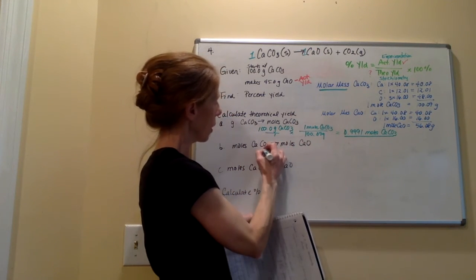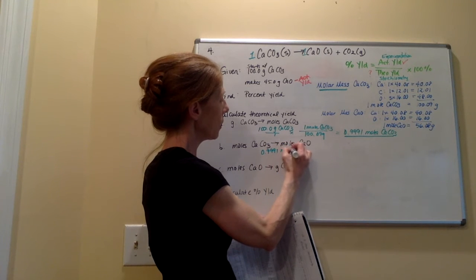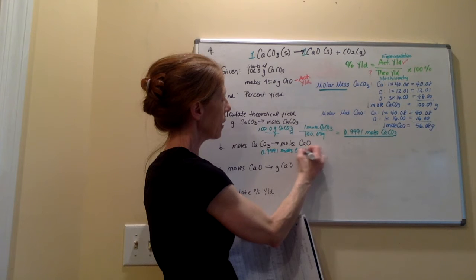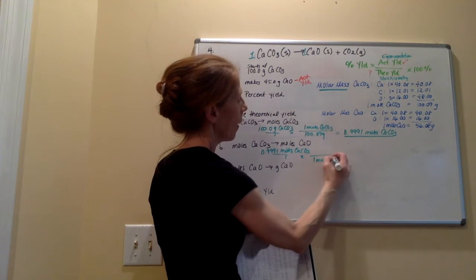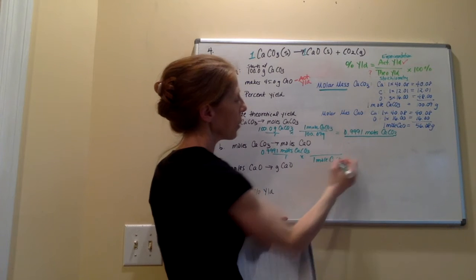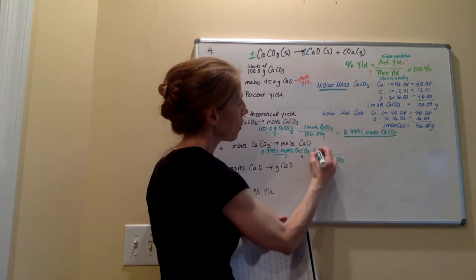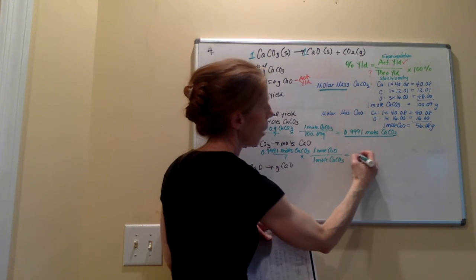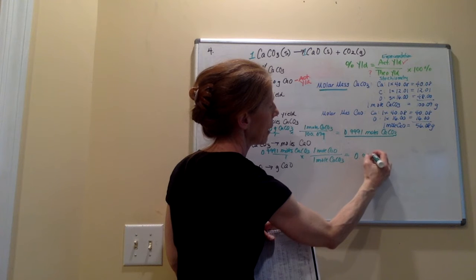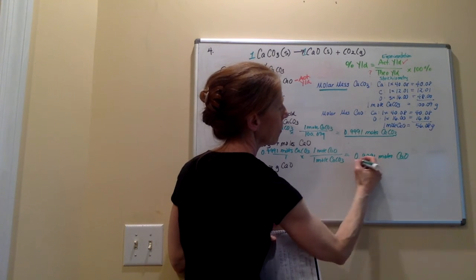So we work it out: 0.9991 moles of calcium carbonate for every 1 mole of calcium carbonate. You can see I'm putting it on the bottom. Why? Because I want to cancel it out. I will produce 1 mole of calcium oxide. So then I will also have 0.9991 moles of calcium oxide.